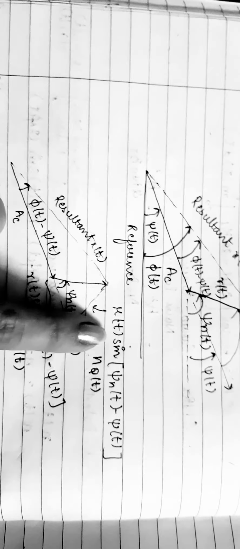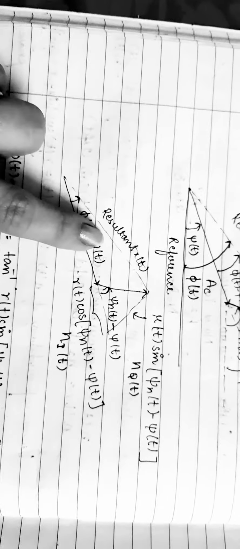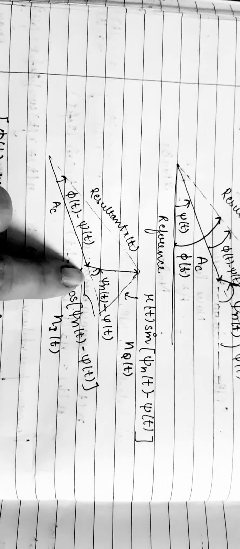Here we have r(t). Now if we draw a perpendicular from the tip of r(t) on the extended vector, by using this right angle triangle we can solve it.